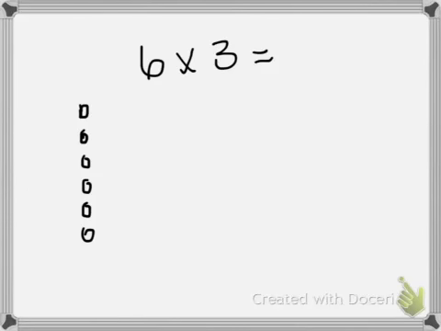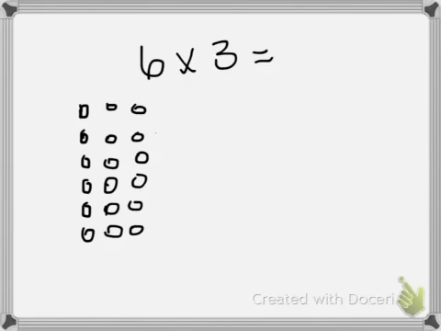Okay, so what you have is 6 rows with 3 things in each row. And they want you kind of thinking like, well, I could use a 5 times 3. That would be 1, 2, 3, 4, 5 times 3 right here, right?